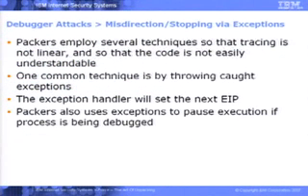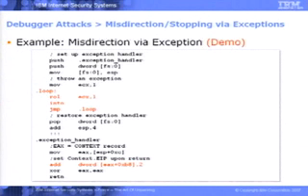Packers employ several techniques so that tracing is not linear. One common way is to throw several exceptions. In this example, it will misdirect execution by exception. If you're a reverser trying to trace this and you just press F7, you will single step on it, and you will enter an endless loop.